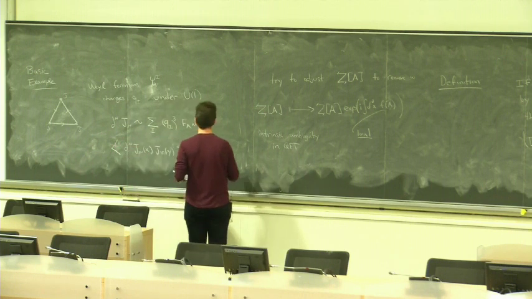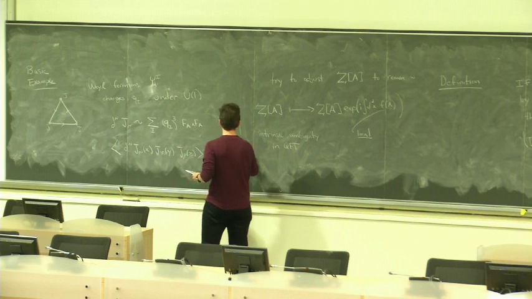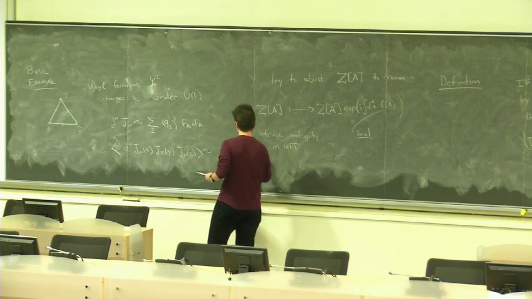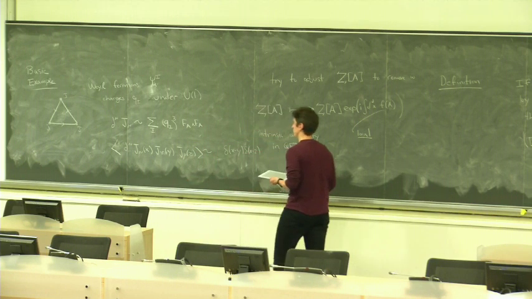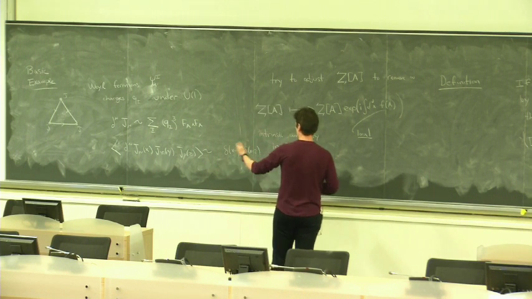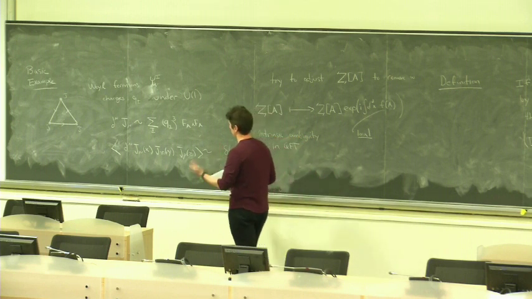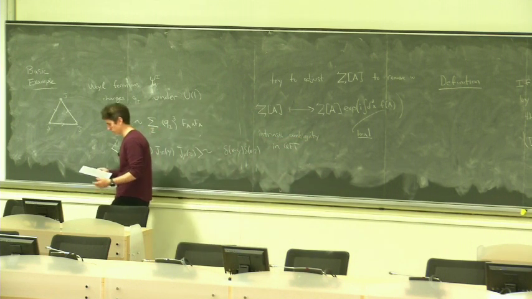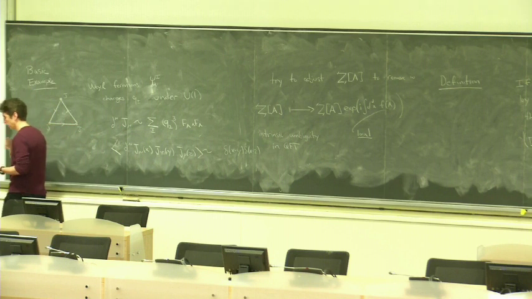So this thing has a term that goes like delta of x minus y, delta of x minus z. Correspondingly, the partition function in the presence of a background gauge field is not exactly gauge invariant. There is this local correction, the anomaly.